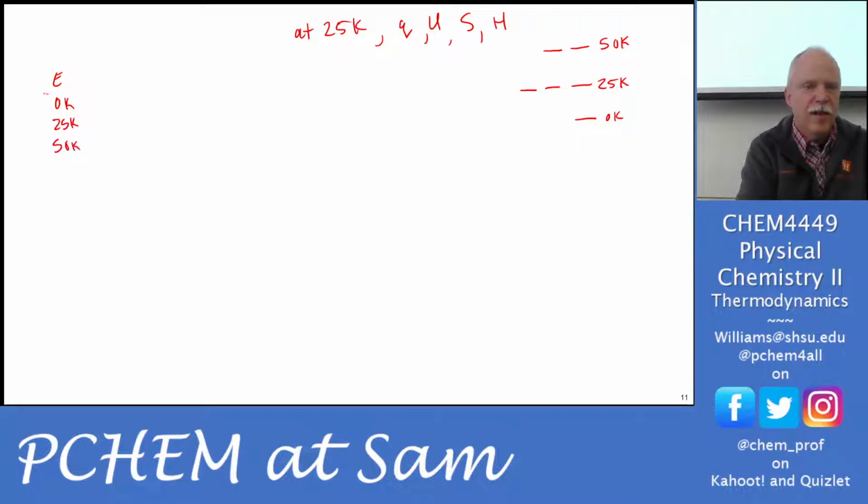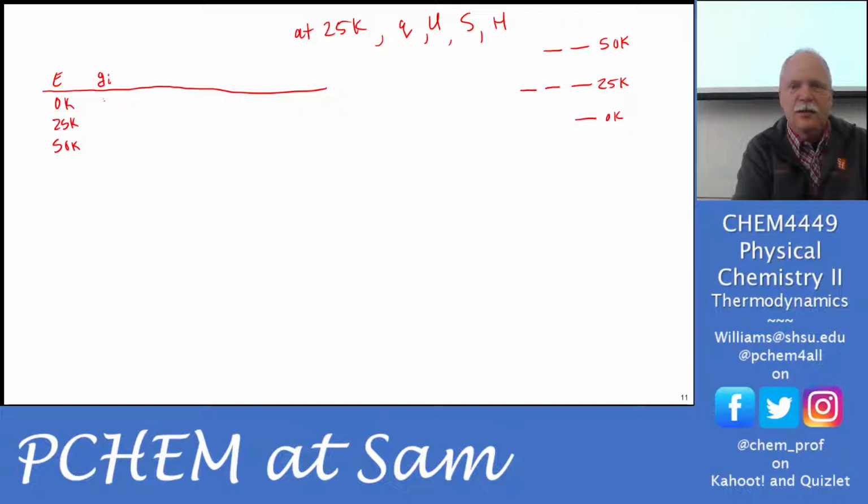I'm just going to do it in a table form because I think it's easier to follow. All right, then the degeneracies. Oops, that's a Q. Q and G. I start to write a G and I end up ending it with a Q. So the ground state degeneracy was 1, the 25 was 3, and then a 2 here.